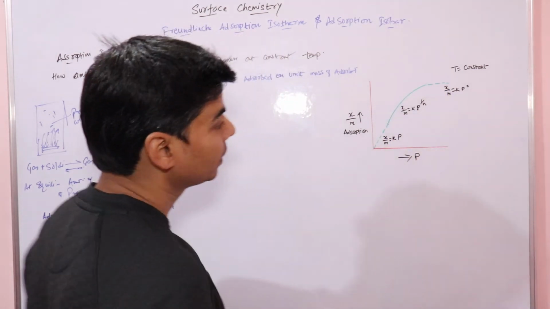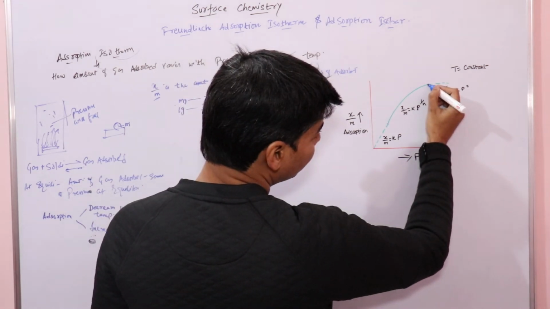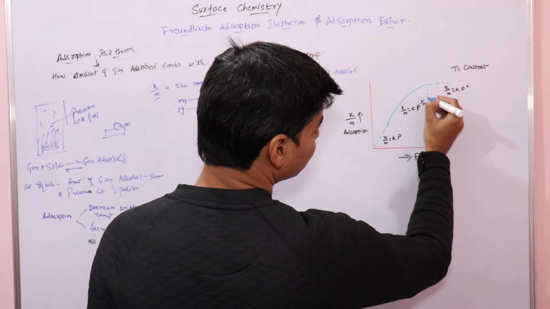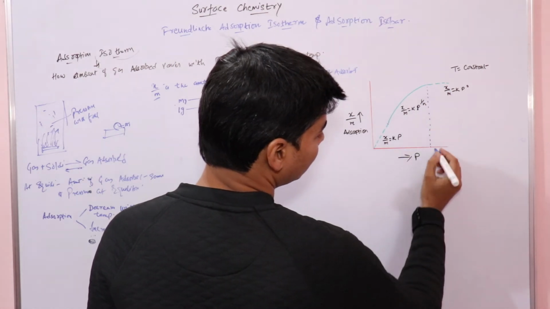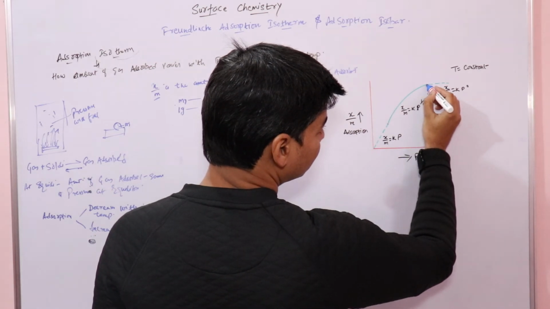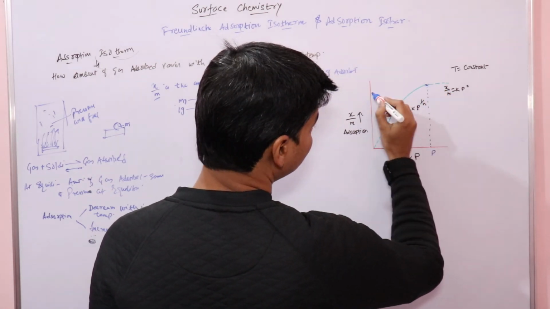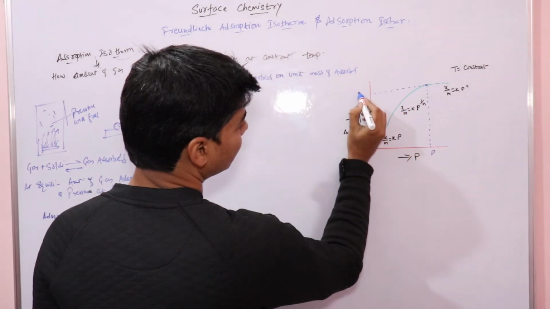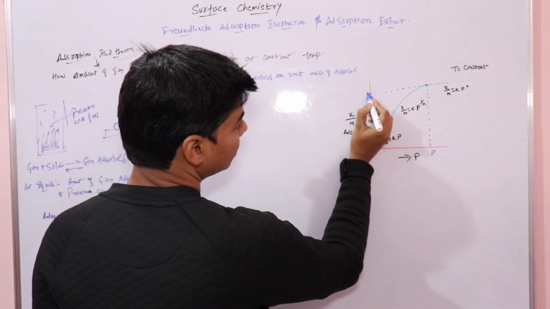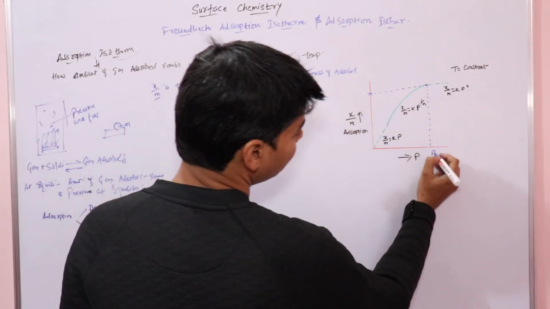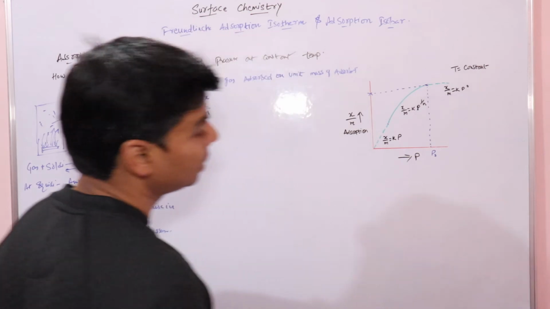And here we have a straight line. This is the maximum amount of gas that gets adsorbed, at pressure PS.